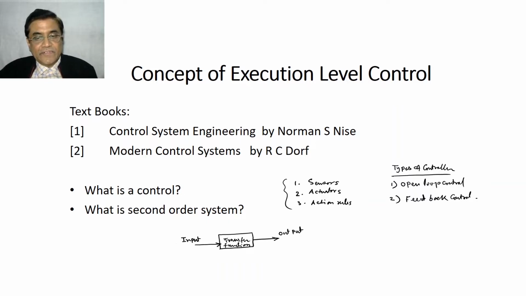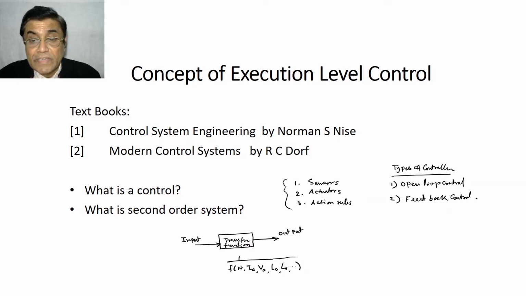So in the case of motor control, which is very, very common, transfer function means you have a relation, a function, which consists of the number of turns of the motor, say armature current, armature voltage, line current, line voltage, and anything else I am missing, all the parameters with which you have made a model.